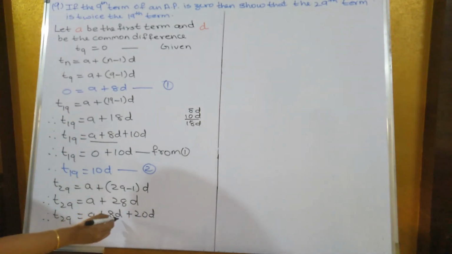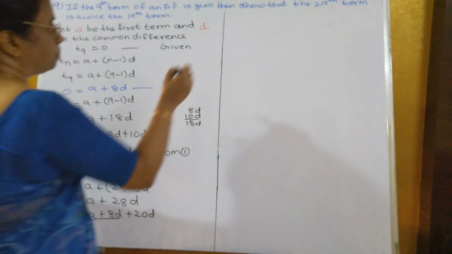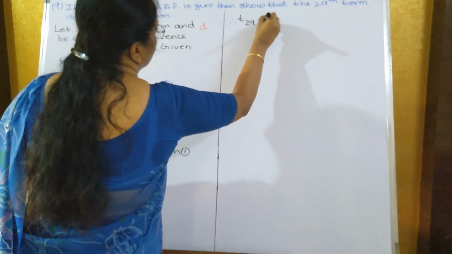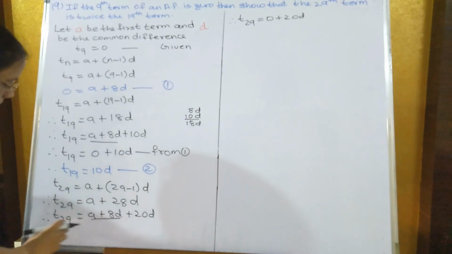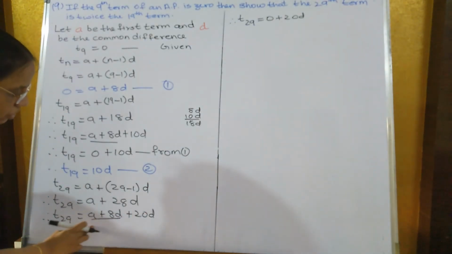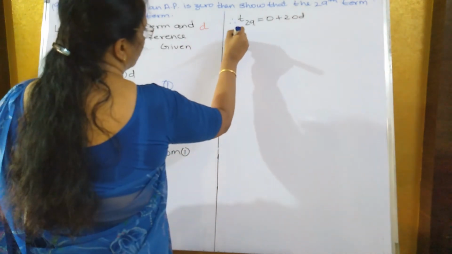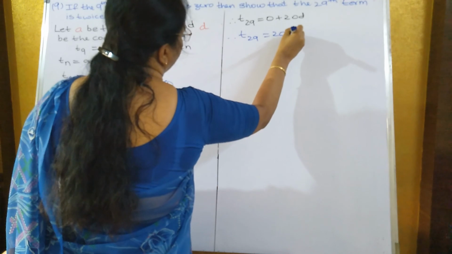Now a plus 8d is equal to 0. Therefore T29 is equal to 0 plus 20d. So T29 is equal to 20d.